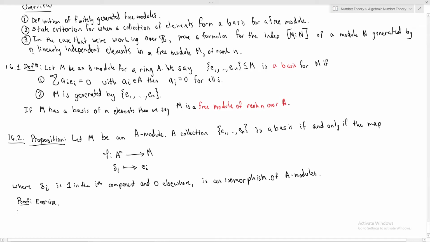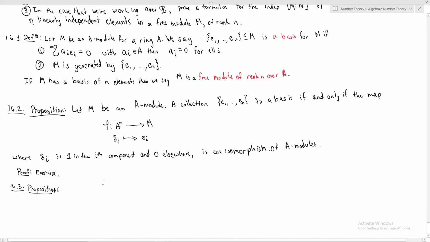So then the next proposition will be another thing that looks hopefully familiar from linear algebra. This will tell you basically if I'm working in a free module already, how do I tell if a collection of elements is a basis? So I'm going to start with a basis e_1 through e_n.